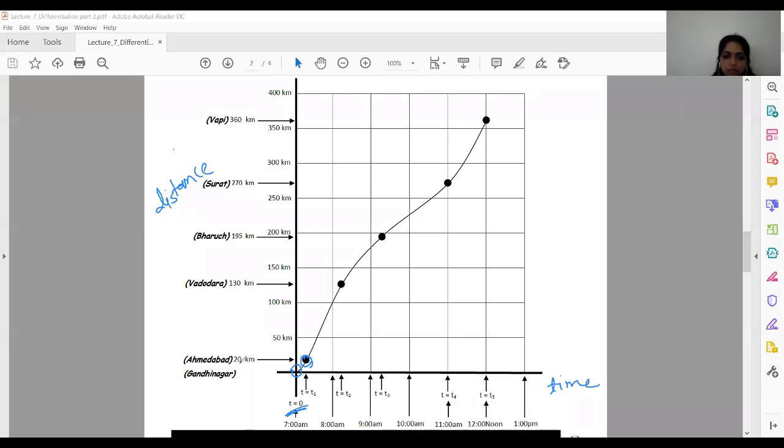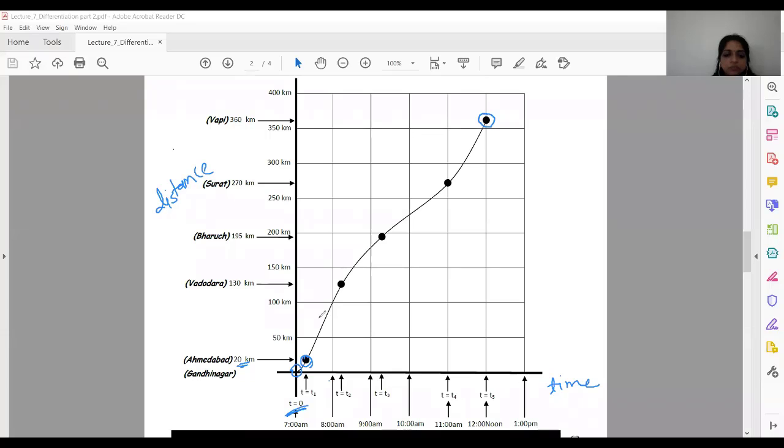After 15 minutes, we covered 20 kilometers, that is Ahmedabad. Then the graph goes up as time goes on, at 8 a.m., 9, 10, 11, 12. At 12, the total distance covered is 360 kilometers and we are at Vapi.